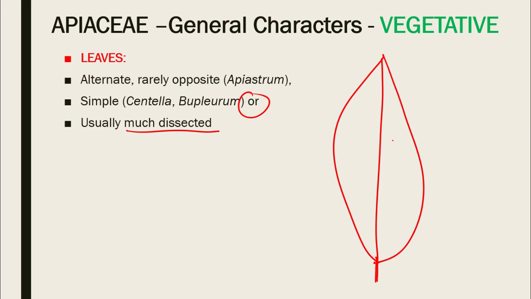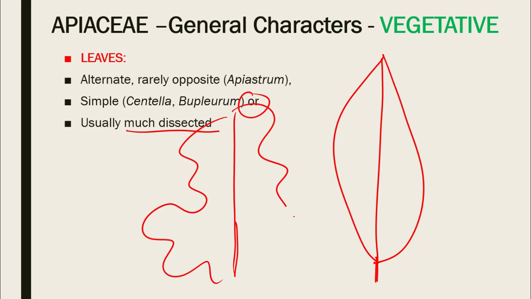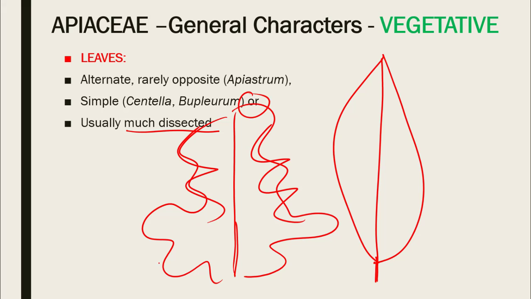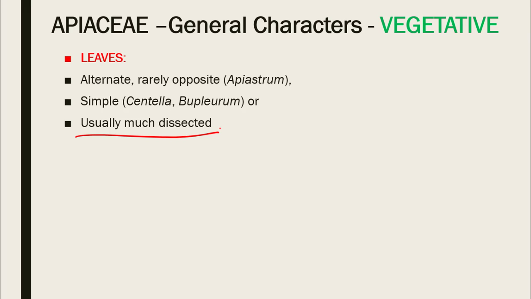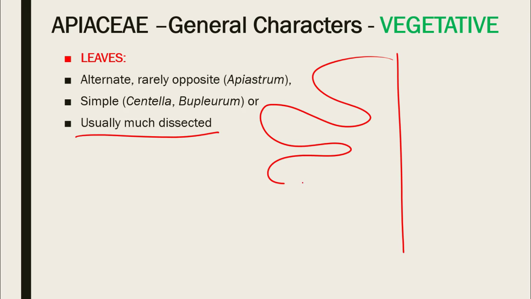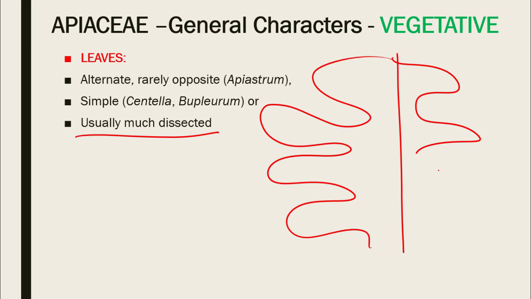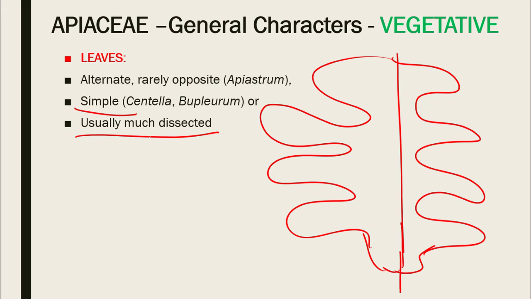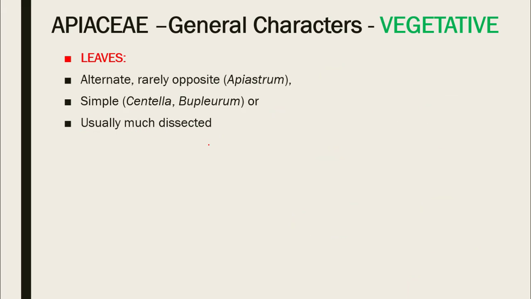There is no dentation or cutting in it, and if the margin of the leaf is cut in various forms, like this one, these are incisions, as you can see. These incisions are of various degrees, so the leaves are much dissected. It can be like this. So these are incisions in the leaf, and they are of various types. So leaves may be simple, or they may be dissected like this one.